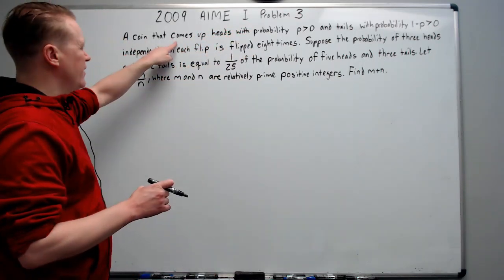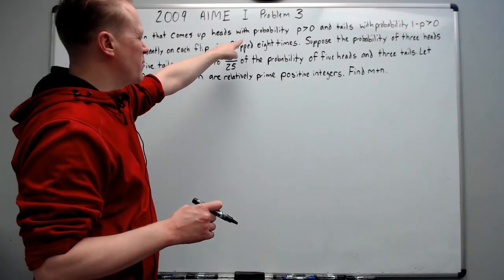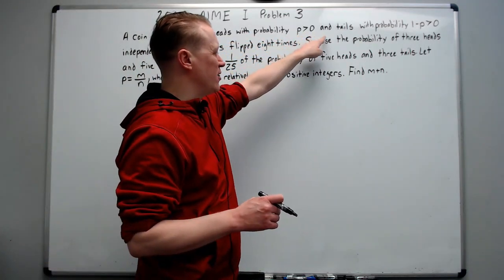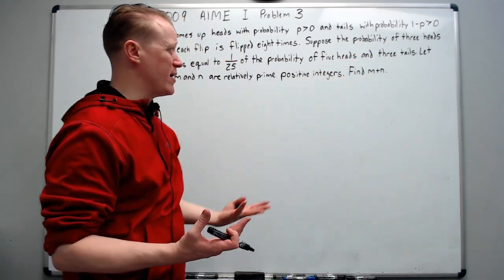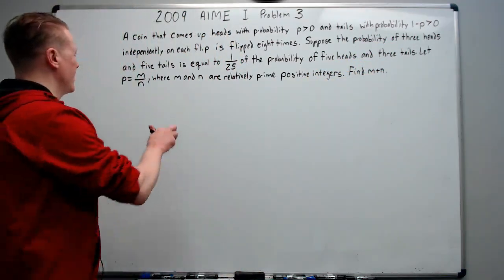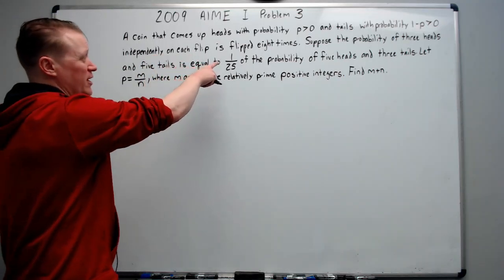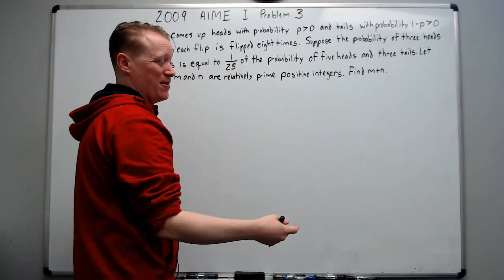A coin that comes up heads with probability p greater than 0 and tails with probability 1 minus p greater than 0, so it's not an equal chance, independently on each flip, is flipped 8 times.